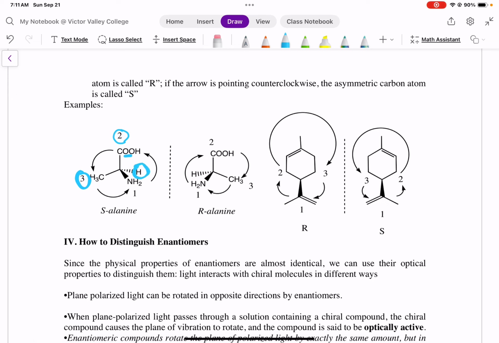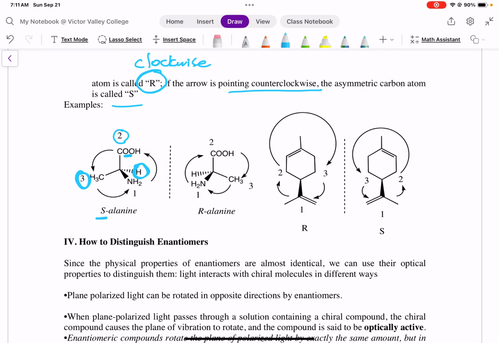Number 4 is in the back, always in the back. And you do rotations, 1, 2, 3, and that's counterclockwise. You call it S, right here. Counterclockwise S, clockwise R. All right, R, 1, 2, 3.